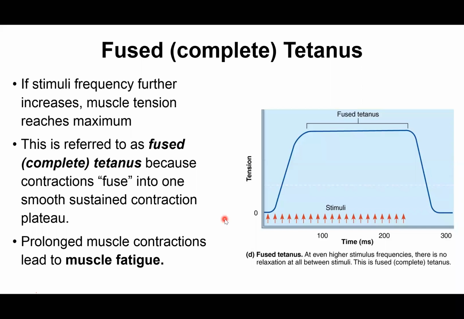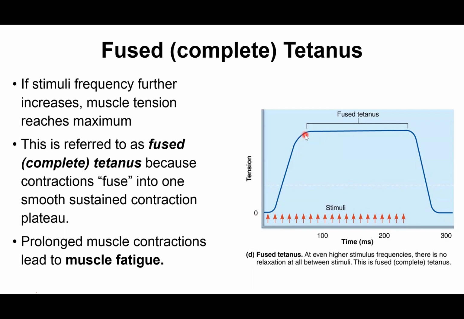So now in fused or complete tetanus, we have the stimuli frequency even shorter in terms of the time factors, though they're occurring more closely together. So now the stimuli frequency is increasing, and thus the muscle will reach its maximum tension.